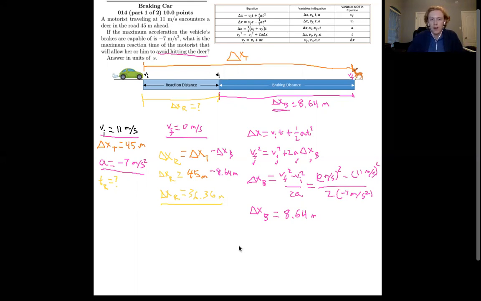So now comes how fast does he travel, and how long does it take? So let me do blue for this one. We know that he's not accelerating. He hasn't realized the deer's there yet, and he hasn't started to push the brake pedal during that reaction time.